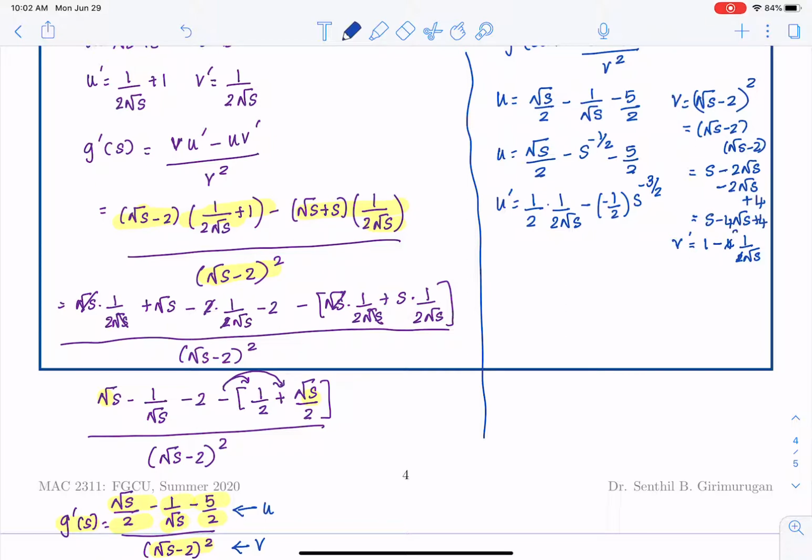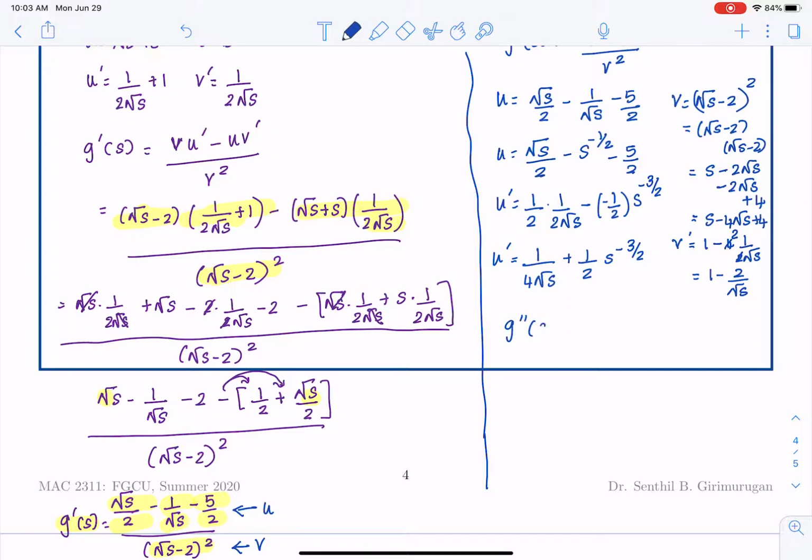So I could cancel those two and write it as 1 minus 2 over square root of s. So v prime is 1 minus 2 over square root of s. U prime is 1 over 4 square root of s plus 1 over 2 s raised negative 3 over 2.